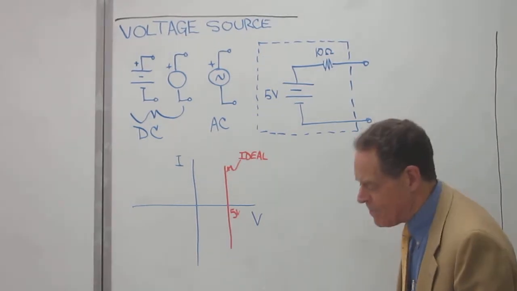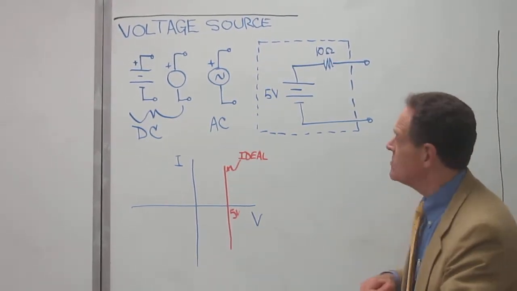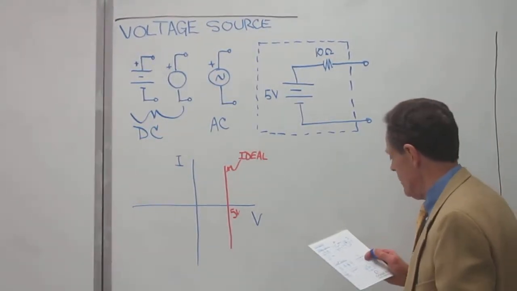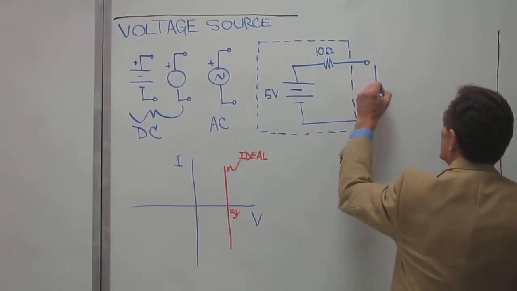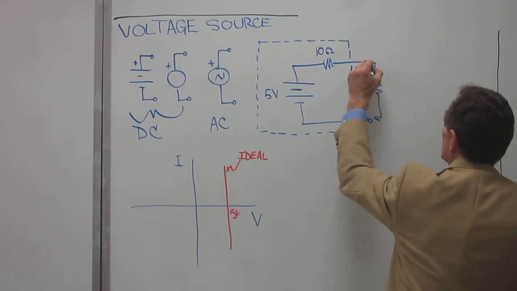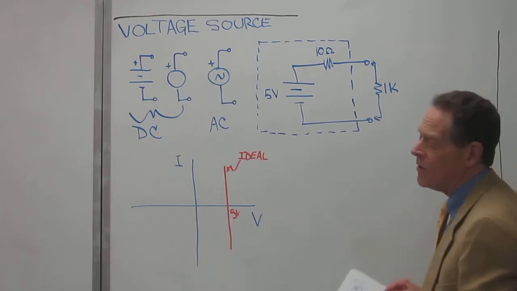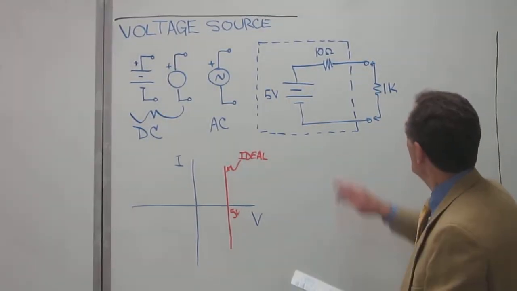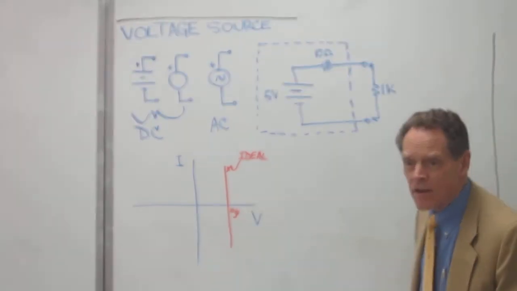But what happens when you add a load to this in the form of, say, a resistor? If you start off with, for instance, a 1K resistive load that I'm just going to show as being attached to the terminals, now what have we got? Well, now clearly we have some current running through this circuit.